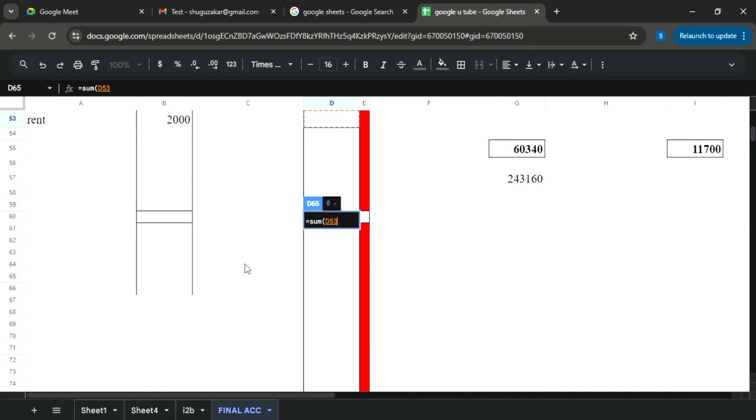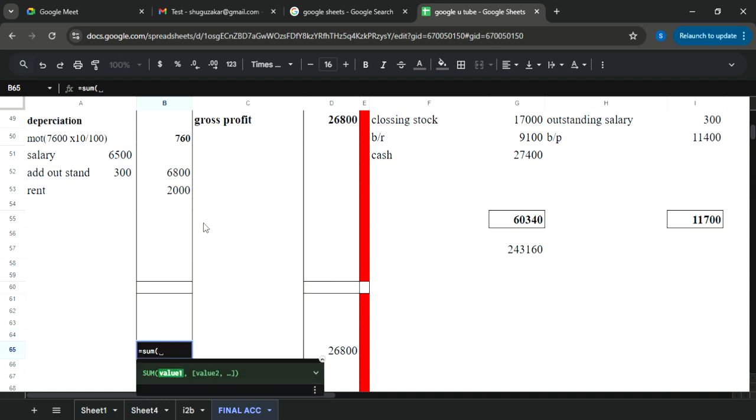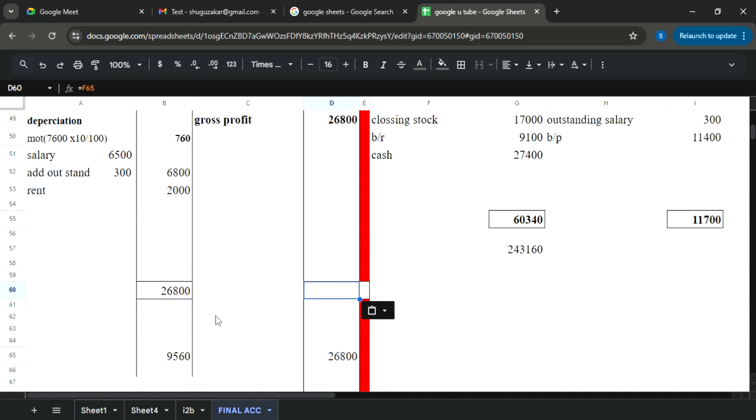What we have is only one amount present over here, and at indirect expenses we have multiple amounts starting from 2000, 6800, 760. So the sum of the other side, indirect expenses, is also calculated. Now you will take the larger sum. Here the larger sum is 26,800 and you are going to write this 26,800 on the total of both sides.